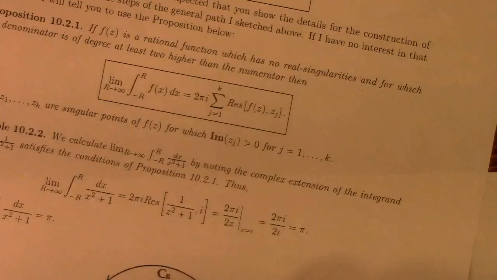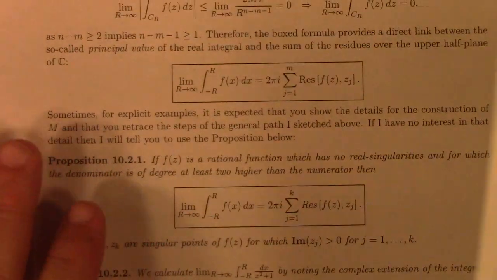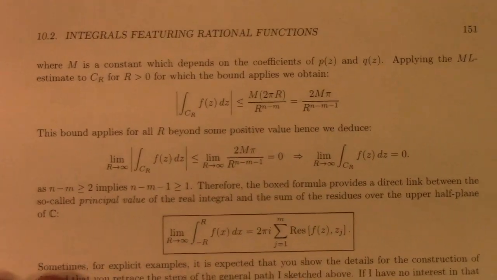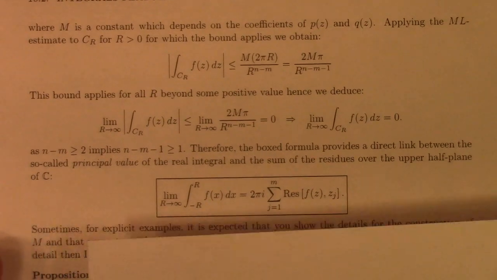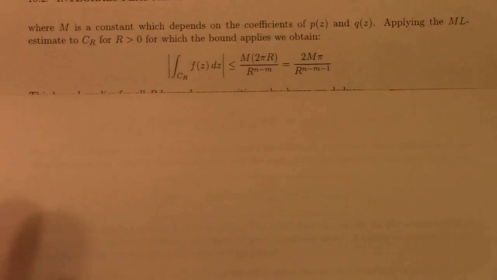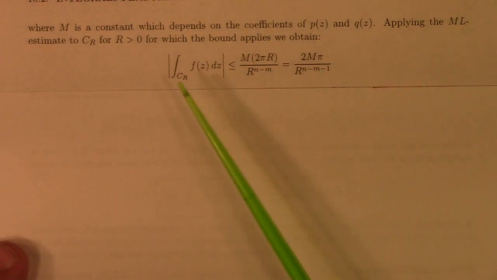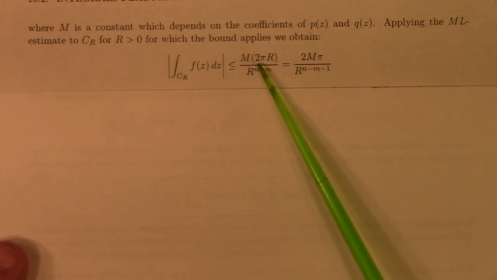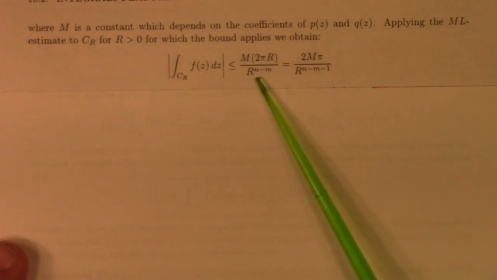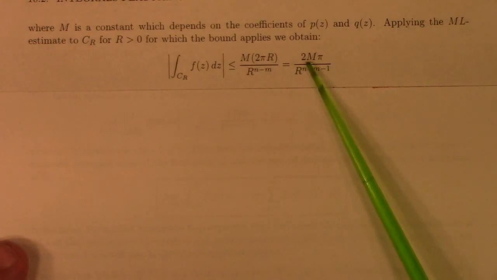Anyway, moving on, we can bound the integrand for a rational function on the circle of radius r. If that's the case, then we can use the ML theorem. So we've got M times 2 pi r divided by r to the m minus n, which is 2M pi over r to the n minus m minus 1.